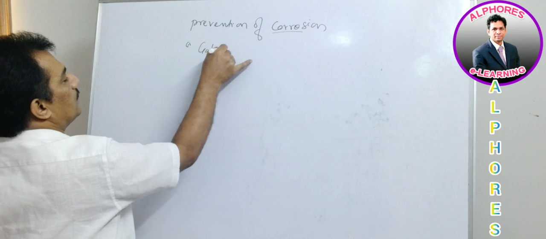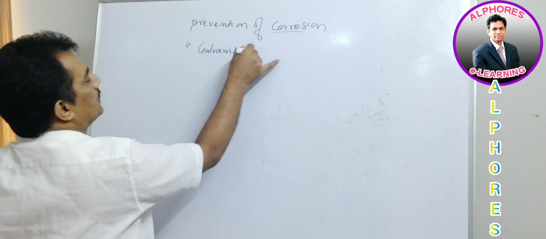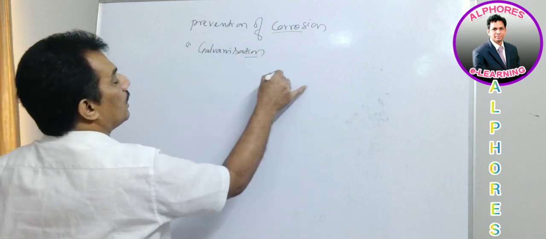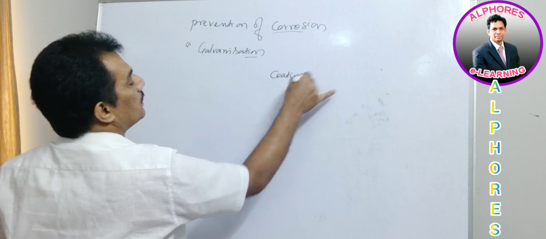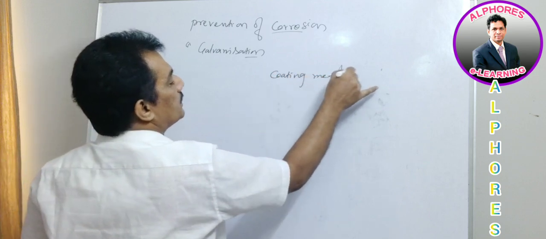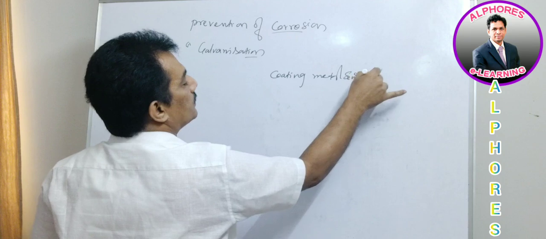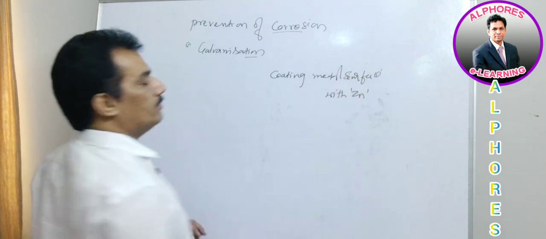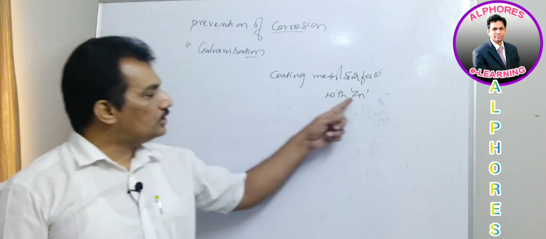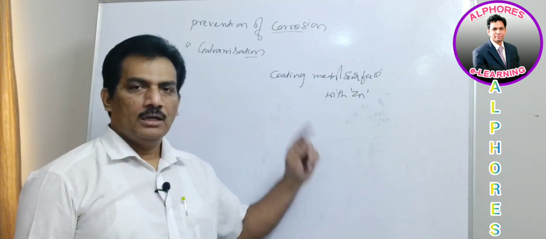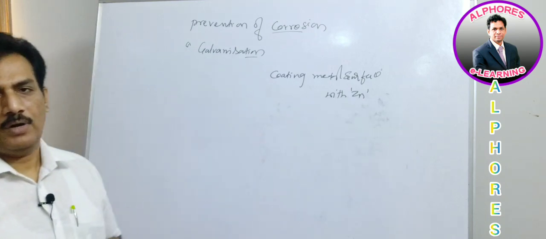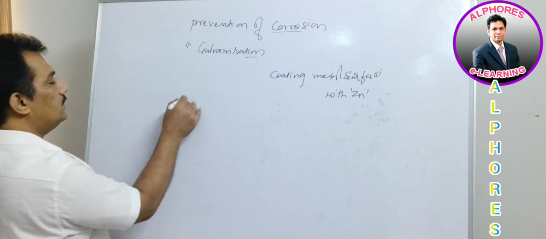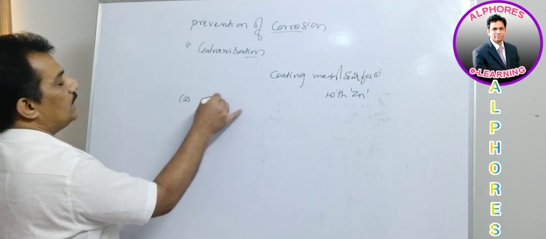Galvanization is nothing but coating the metal surface with zinc metal for prevention of corrosion. Because zinc is more active than iron, it will oxidize first instead of iron. And the second one is cathodic protection.